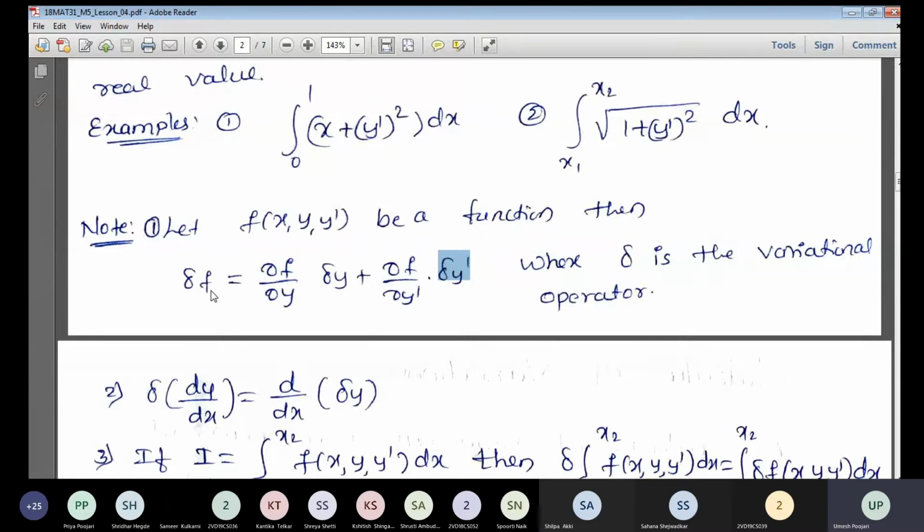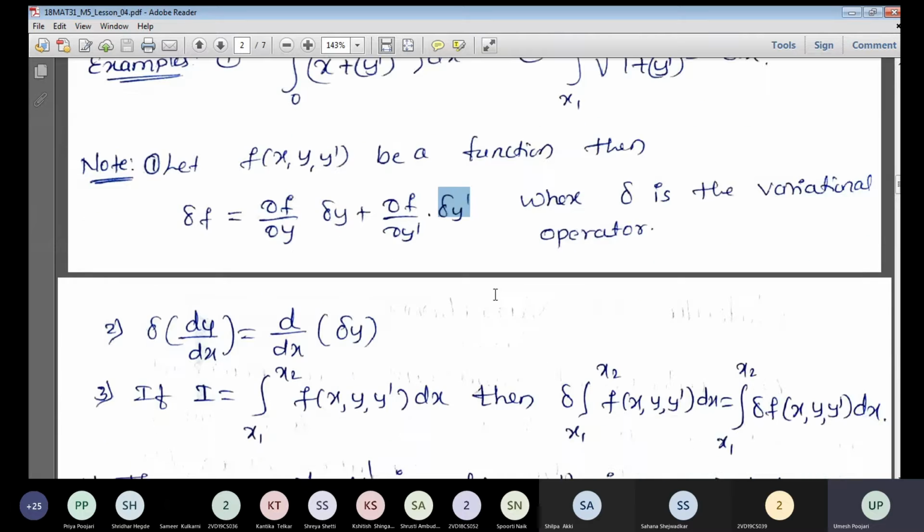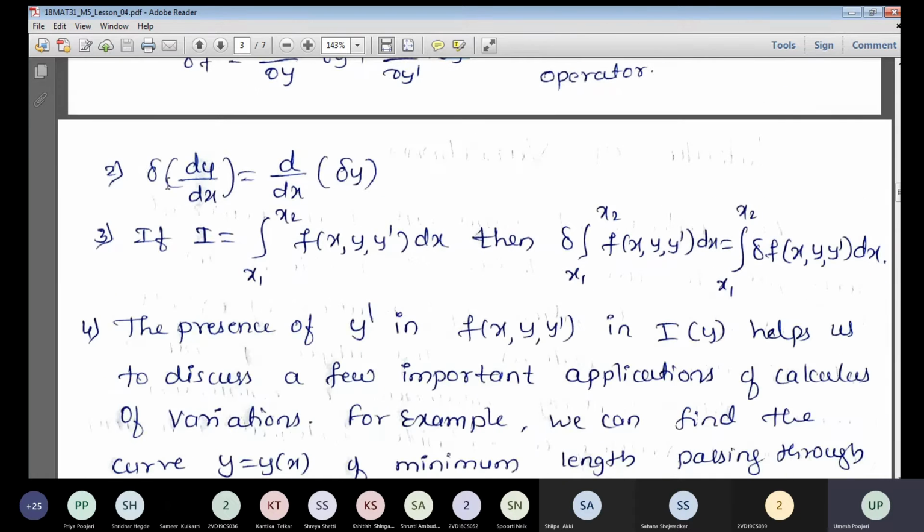Then we can write δf as ∂f/∂y into δy plus ∂f/∂y' into δy'. Similarly, we can apply the commutative rule for this operator delta, that is δ of dy/dx can be written as d/dx of δy, which means you can take delta inside the derivative with respect to x.